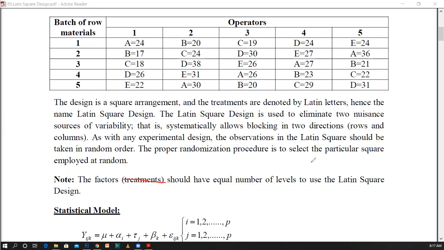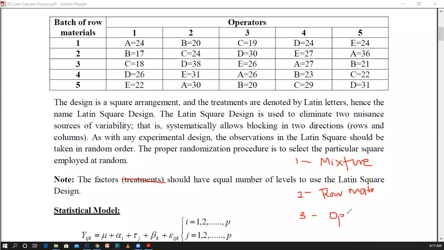The first factor was the mixture number. It was the different mixtures. This was our treatment. And the second factor was the batch of raw material. The third factor was the operator.